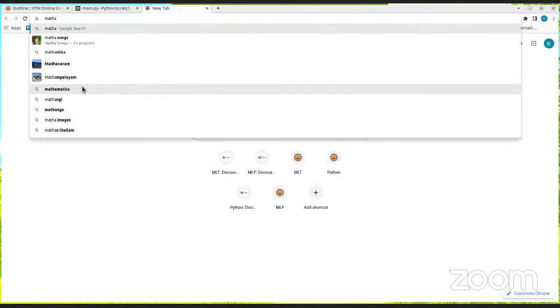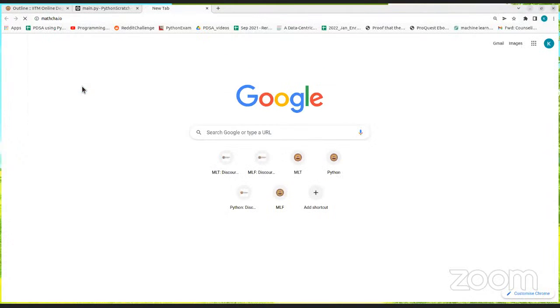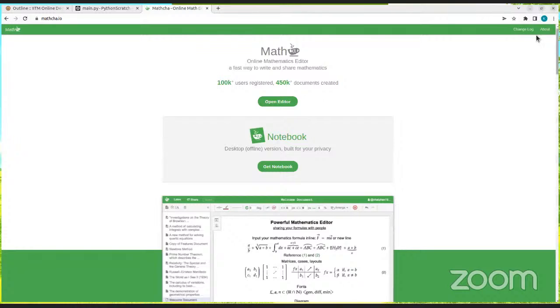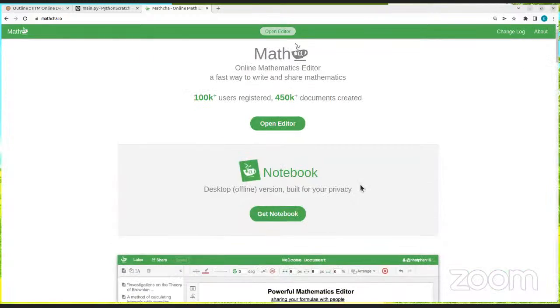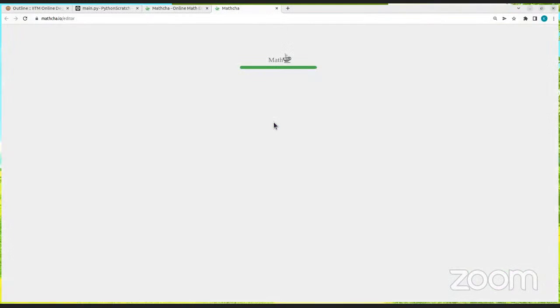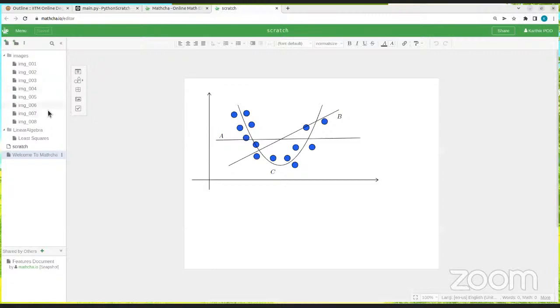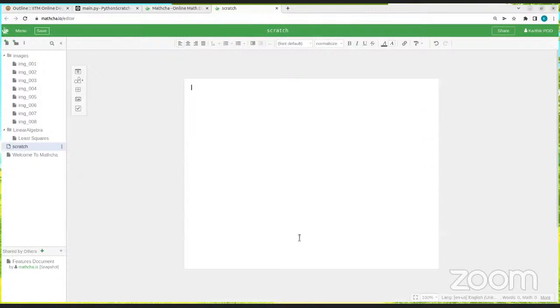So let me quickly open, I need to do some math here. See, the basic idea is this.